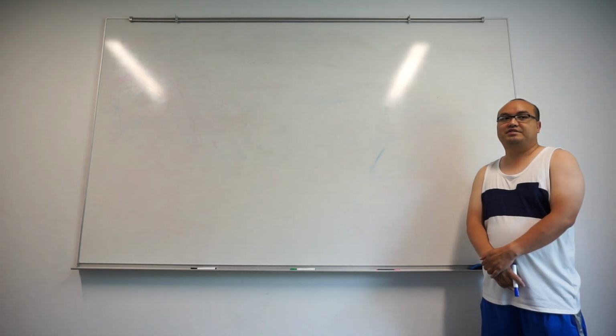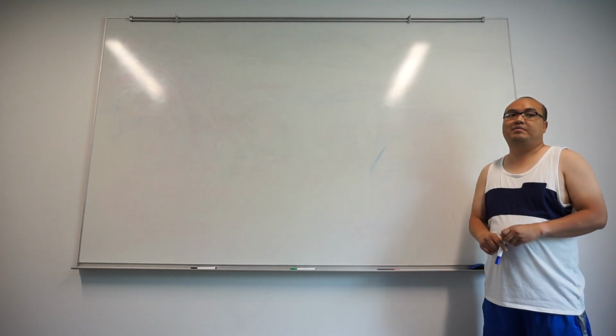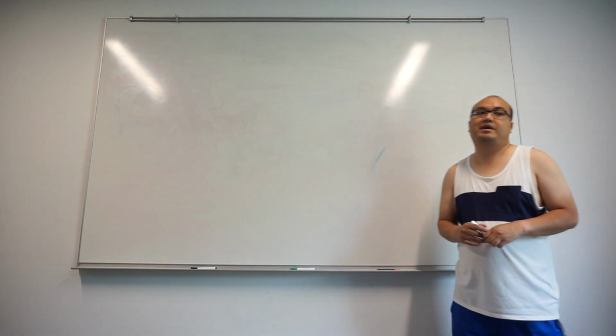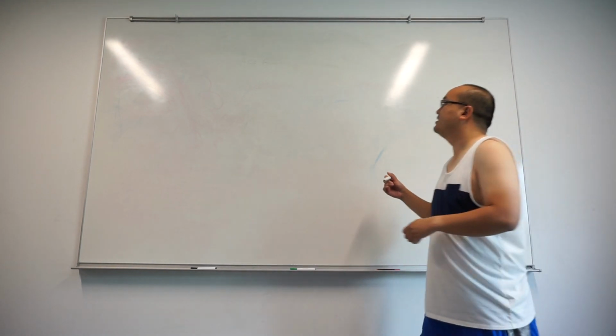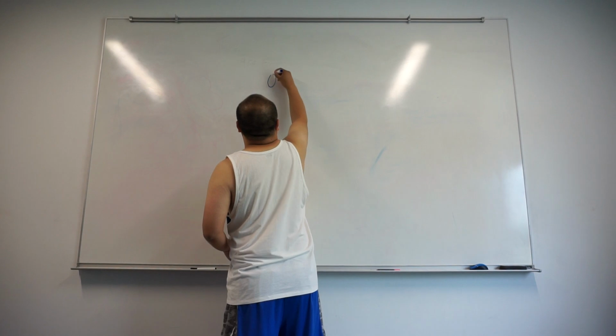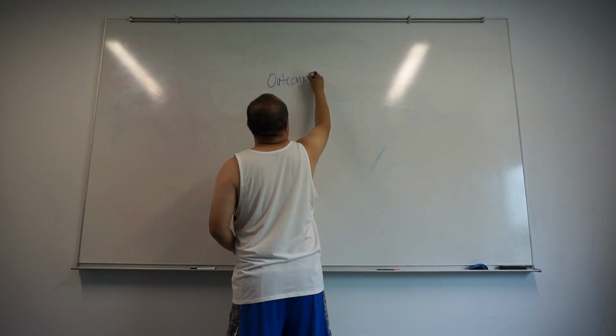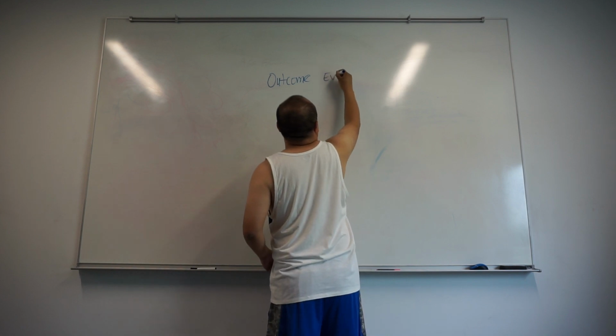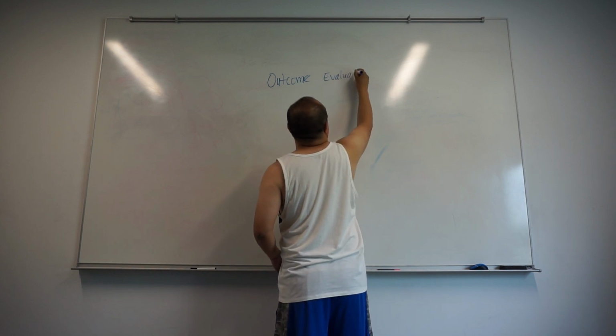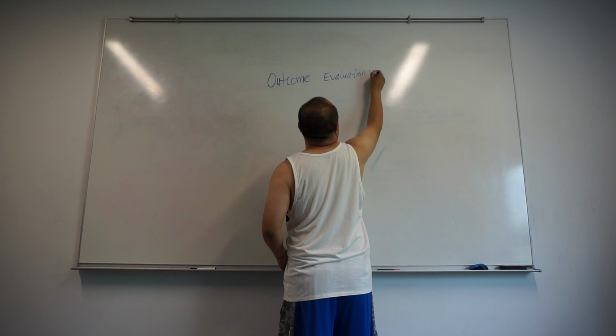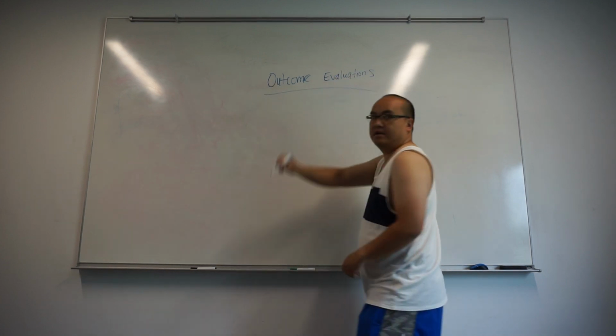This is a presentation on outcome evaluations as part of our Applied Research Methods peer learning assignment number 2. And so I'm going to be instructing everybody on outcome evaluations. I'll write this on the board. Begin measurable.